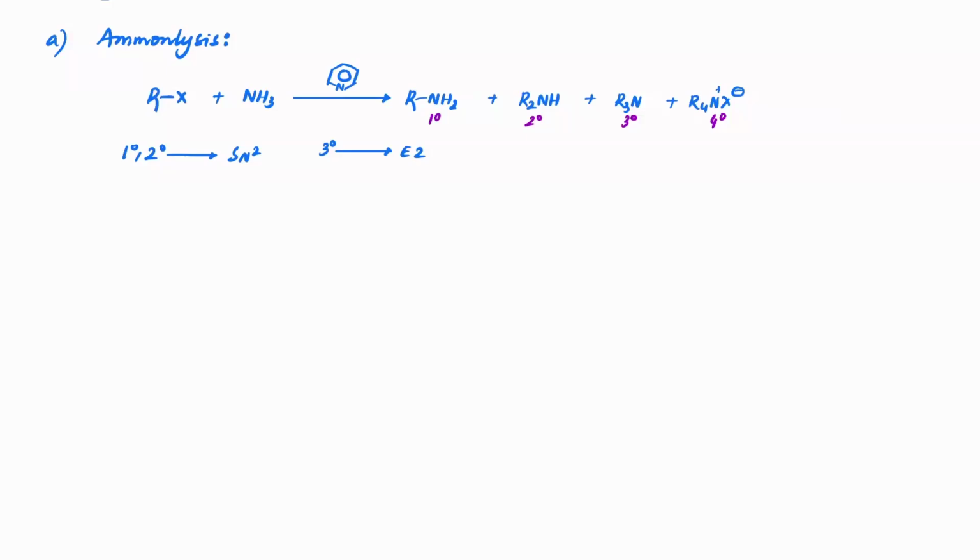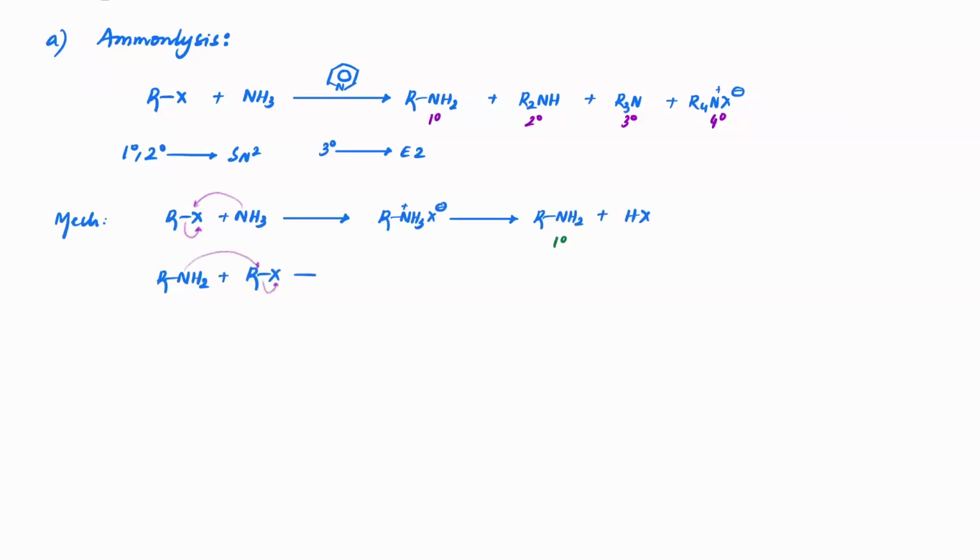So how does the mechanism take place? Check it out. The first step is ammonia attacking on RX. This is an SN2 type to give a 1 degree salt which will convert into a 1 degree amine plus HX. The 1 degree amine becomes the feed for the next molecule making an SN2 attack, so you will get a salt which will convert into a 2 degree amine and HX.